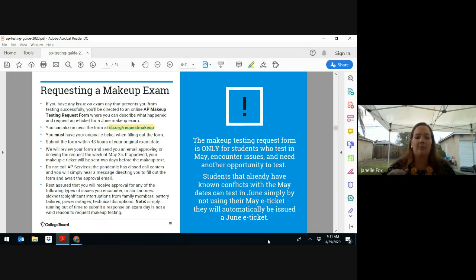And again, it'll just automatically issue you an exam ticket, that e-ticket thing, and then boom, you'll be able to take it in the June one. But I'm hoping this applies to nobody, right? I'm really hoping that everybody's able to do it, and it's going to be golden.